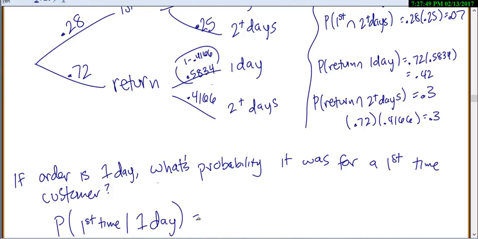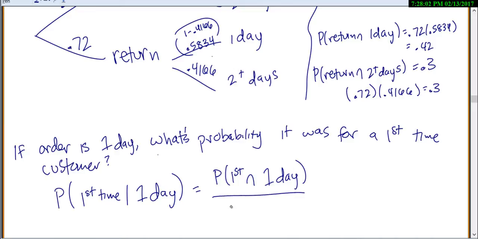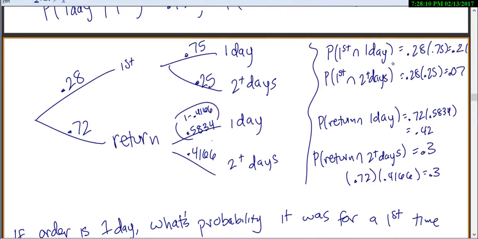Okay. How do you find conditional probabilities? Do you remember those formulas? You have to do the probability of the intersection divided by the probability of what's given, the thing that comes second, so 1 day. Now I can just look up here, probability of first and 1 day, we found that is 0.21.